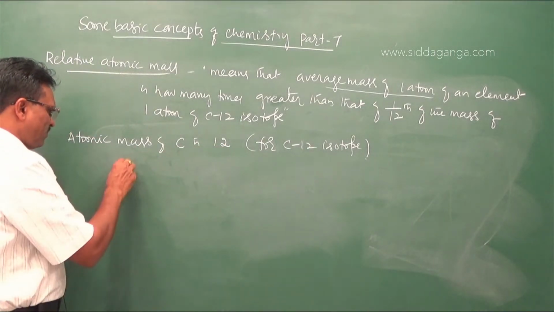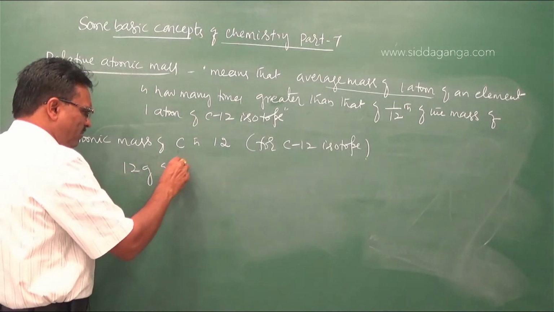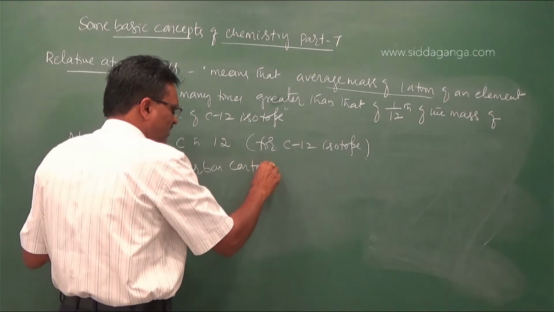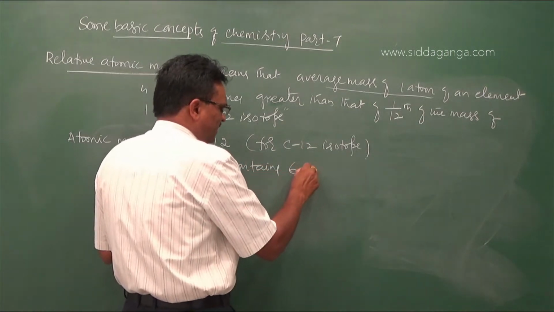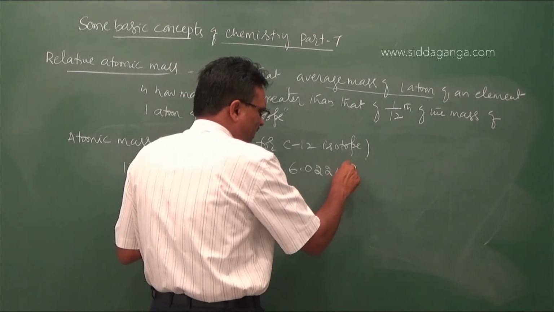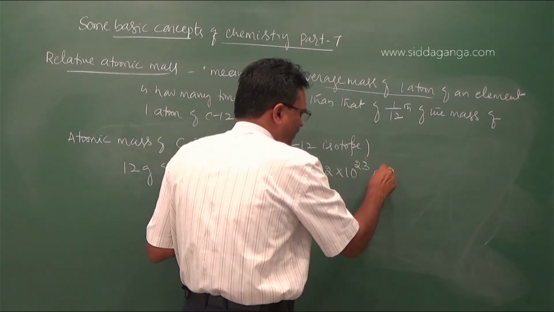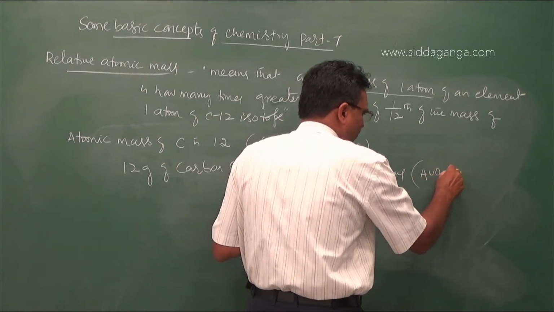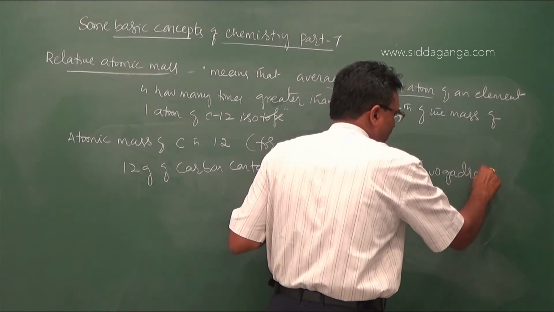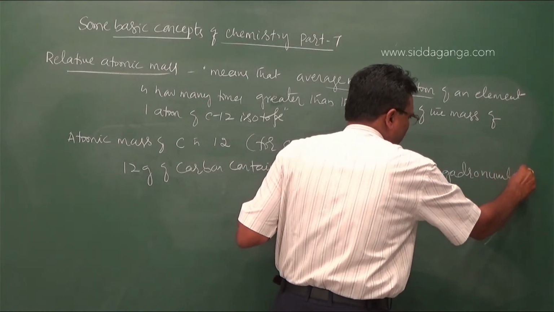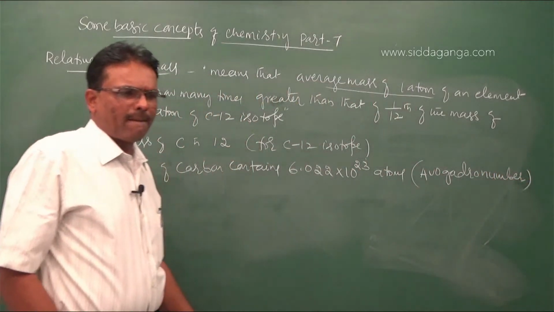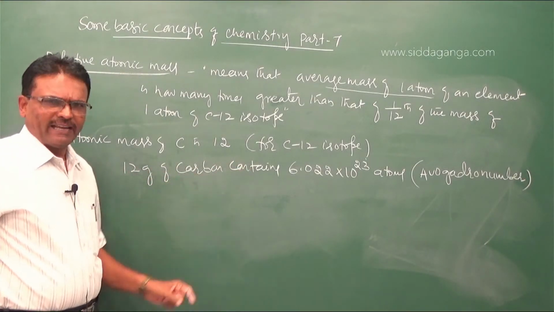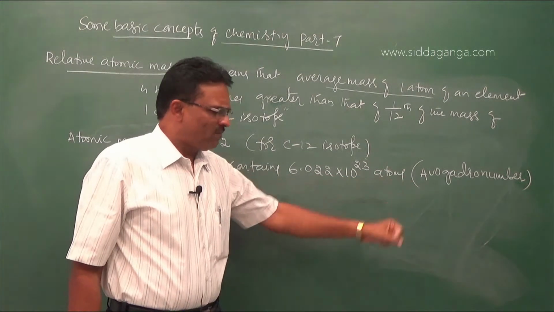So we know that 12 gram of carbon contains 6.022 into 10 to the power of 23 atoms. So this is the Avogadro number. Clear? 12 gram of carbon contains Avogadro number of atoms.